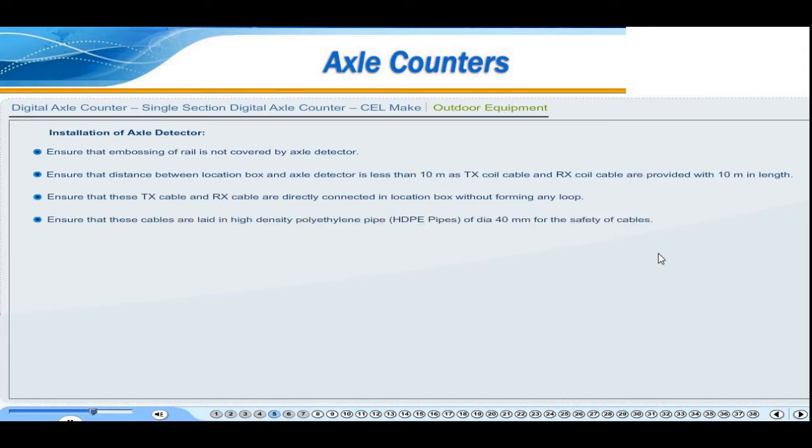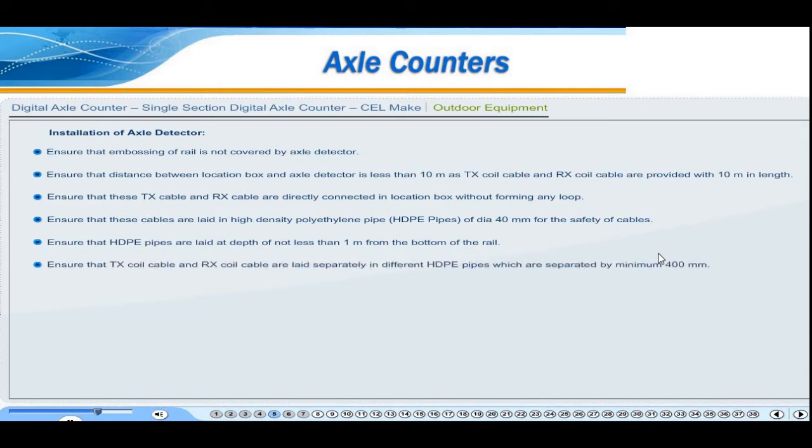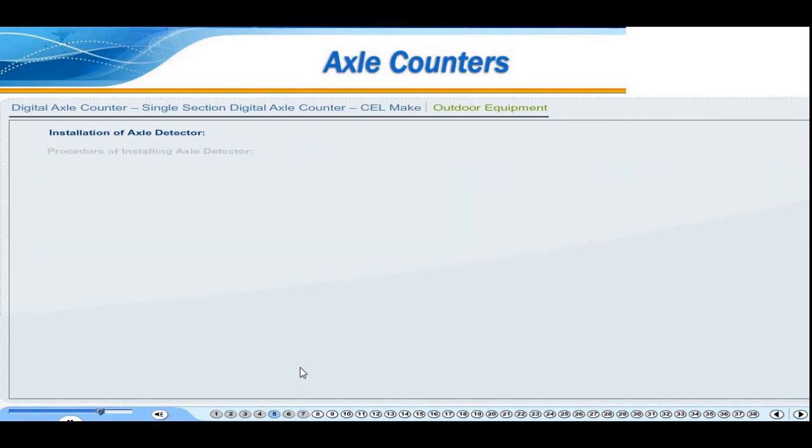Ensure that these cables are laid in high density polyethylene HDPE pipes of diameter 40 millimeters for the safety of cables. Ensure that HDPE pipes are laid at a depth of not less than 1 meter from the bottom of the rail. Ensure that TX coil cable and RX coil cable are laid separately in different HDPE pipes, which are separated by a minimum of 400 millimeters.